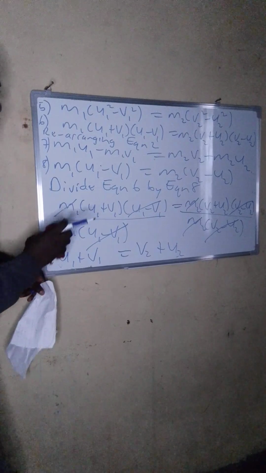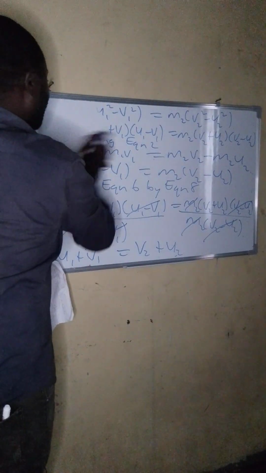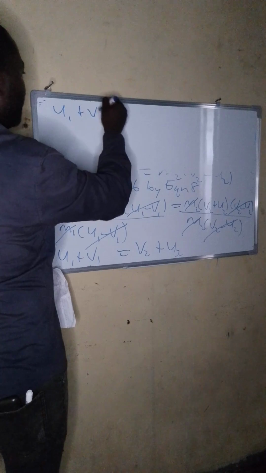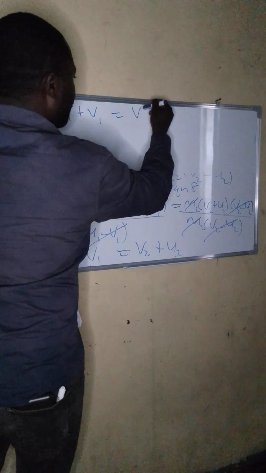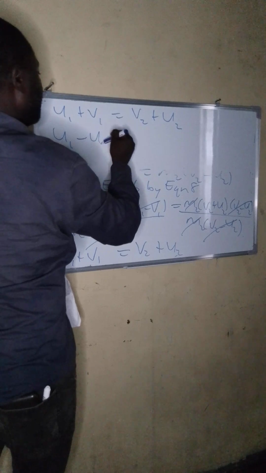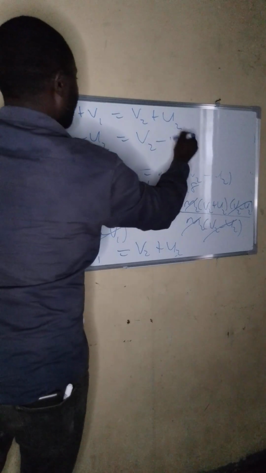So finally we have u1 minus u2 is equal to v2 minus v1.